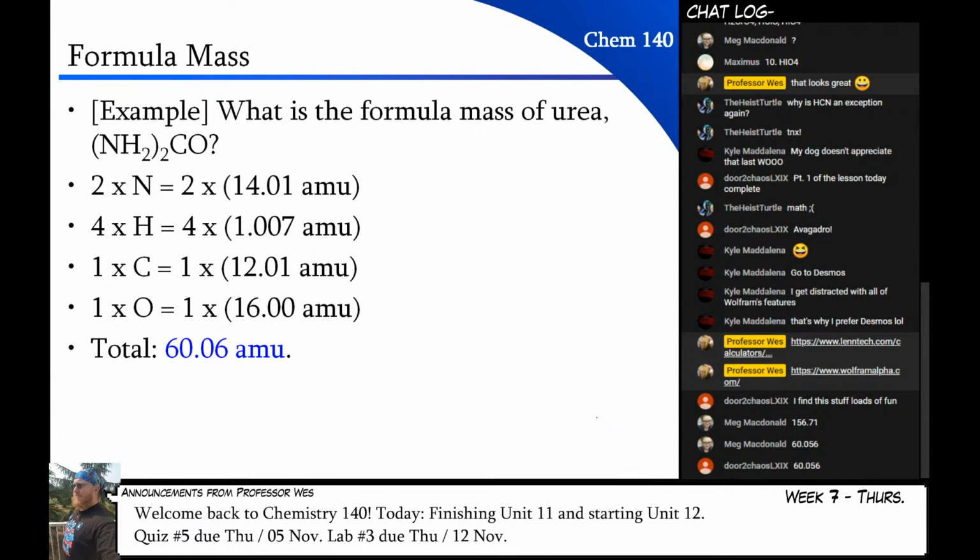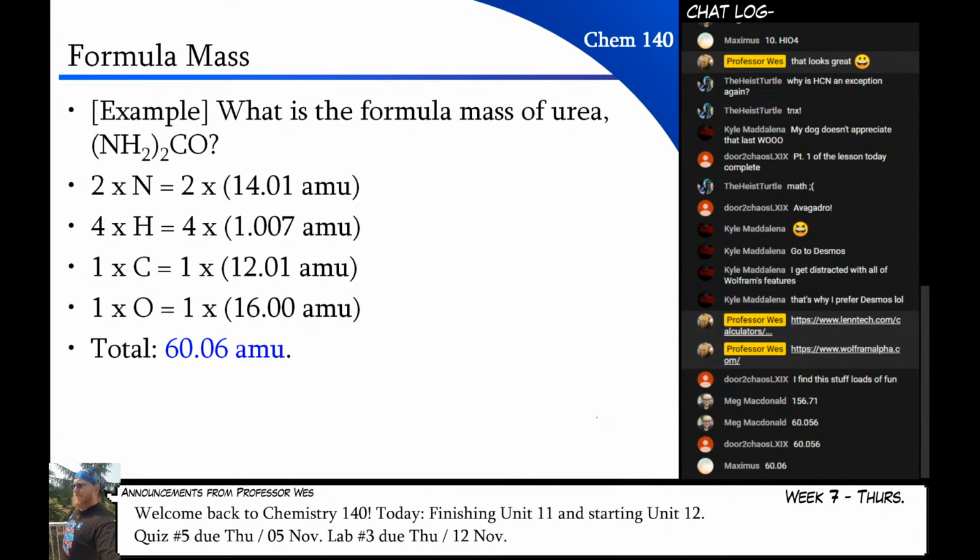My answer on the screen only has 2 decimal points because so do most of my answers when I did the addition. So if you used numbers from a periodic table that had all of these in the hundredths place, you'd get my answer. But if you had a periodic table with the thousandths place, or even more than that, you could get more decimal places. So there will be a range of sig figs for these answers.